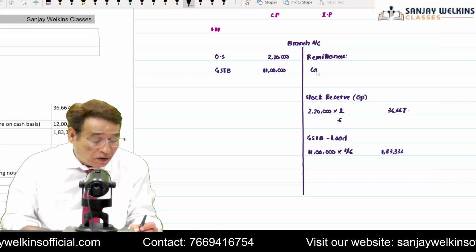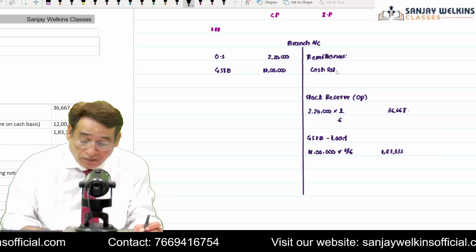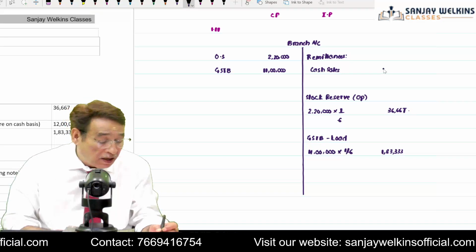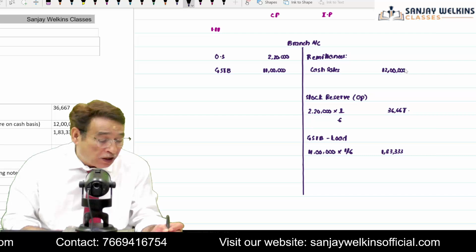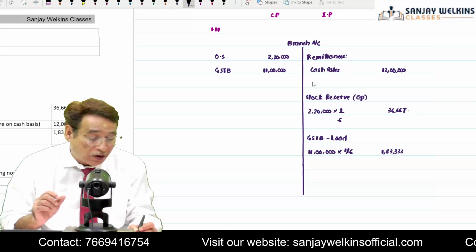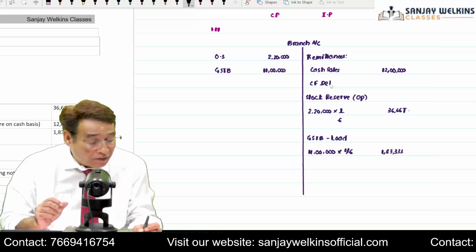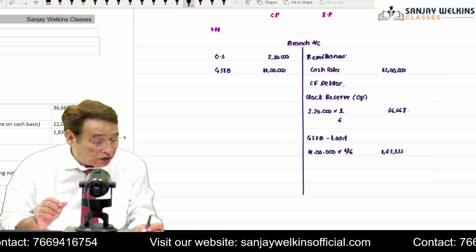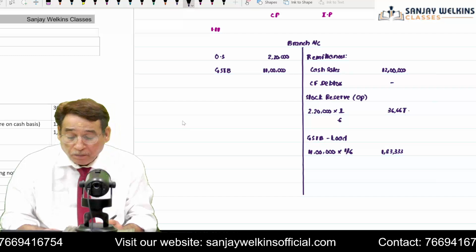So, you will write here cash sales. An amount of cash sales is 12 lakh. And in this question, no question of cash receipt from debtors will arise. Are you getting my point or not? In this question, we cannot have cash from debtors because there are no credit transactions. So your remittances amount will be equal to 12 lakh.